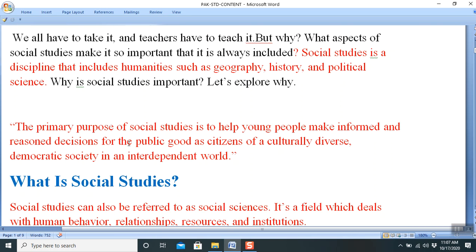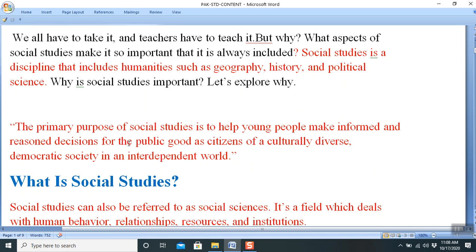The major objective is to inform and guide the people to form opinions, make decisions, and take part in the political, social, religious, and economic decisions of their countries.